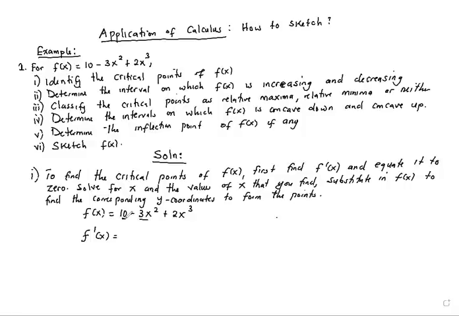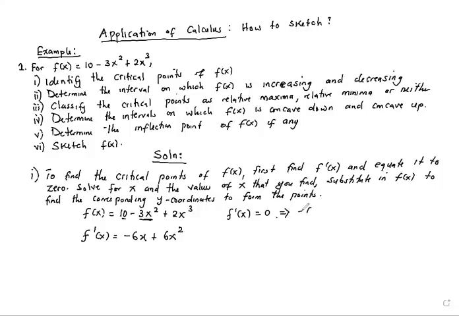The derivative of negative 3x squared is negative 6x, plus 6x squared. This derivative found, we now equate it to 0.